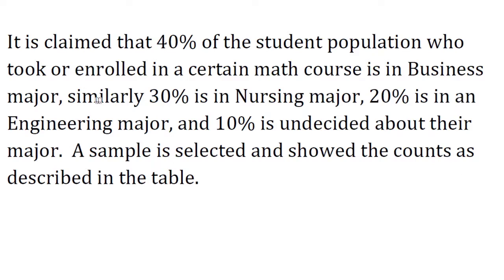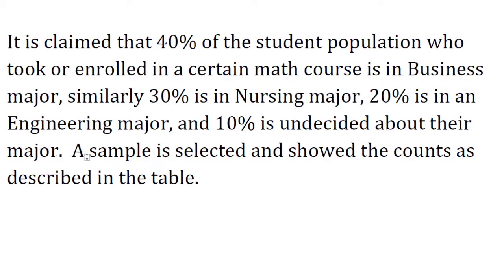I'm saying an engineering major here simply because there are a lot of engineering majors out there. And so for a student who is taking this math course, there is a 20% chance that student is in an engineering major of some kind. And the rest, 10%, is undecided about their major.